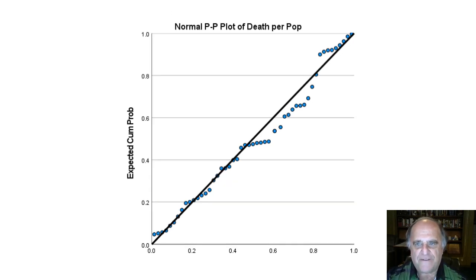Here is the plot for deaths per population. You can see those come a lot closer to that straight line. If I was to go back and compare to the last chart, this one is much closer to normal data, a normal distribution. We can see that because it's much closer to this straight line than was the last data.